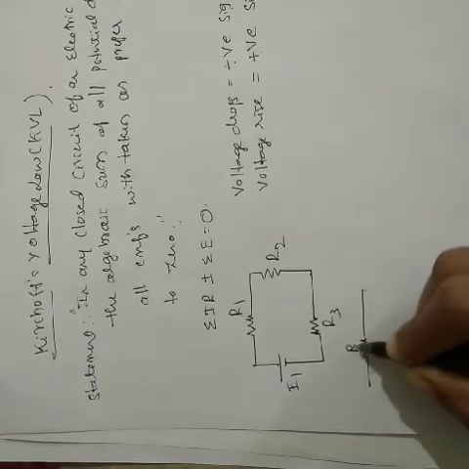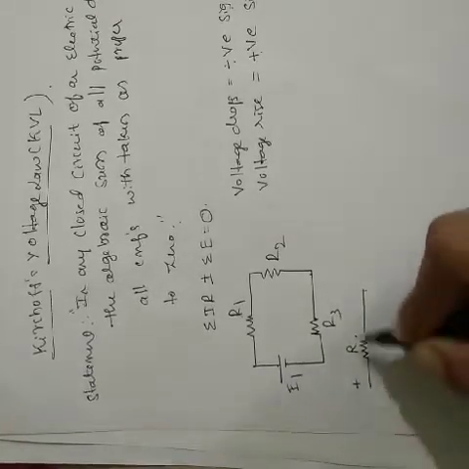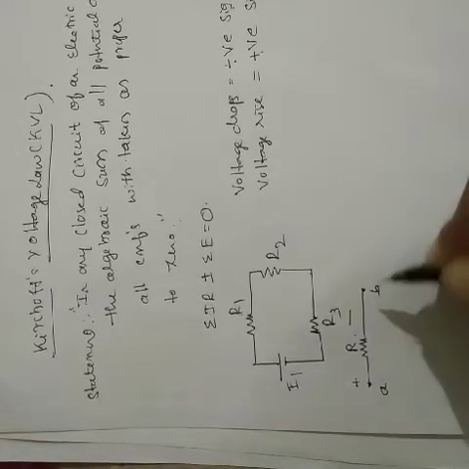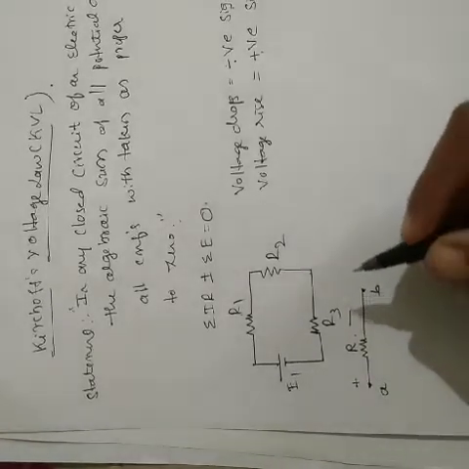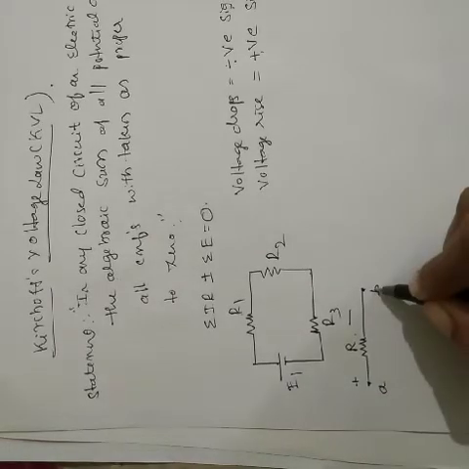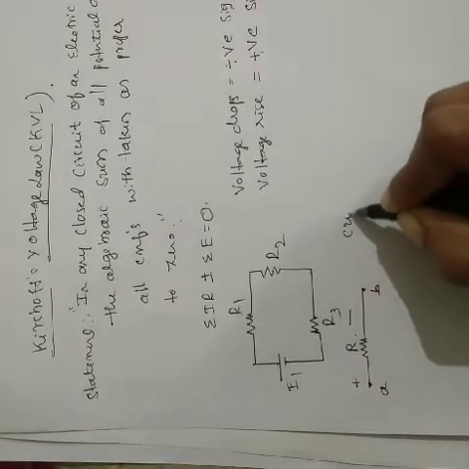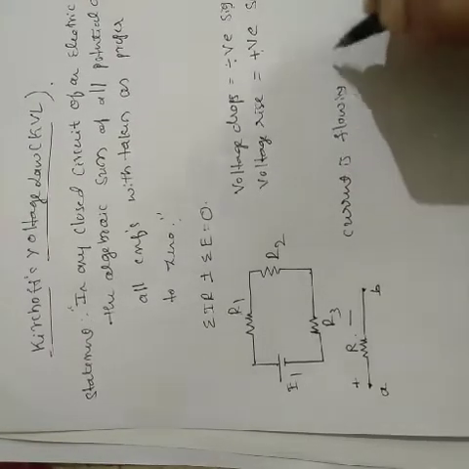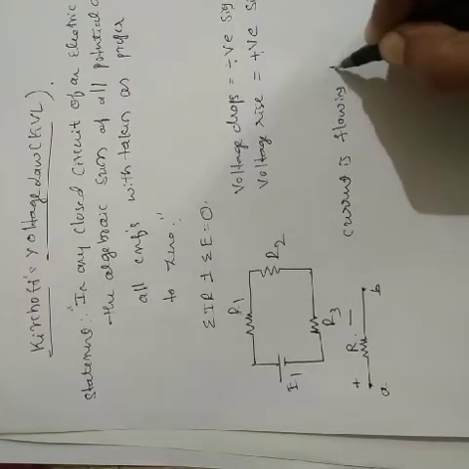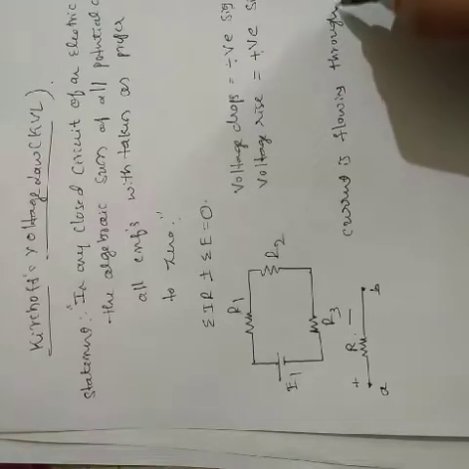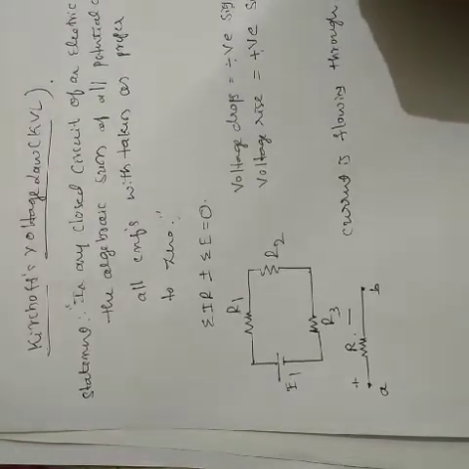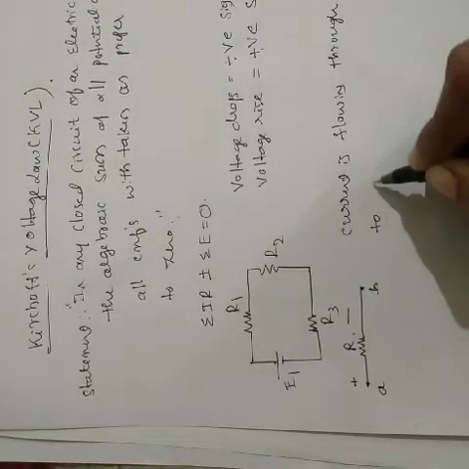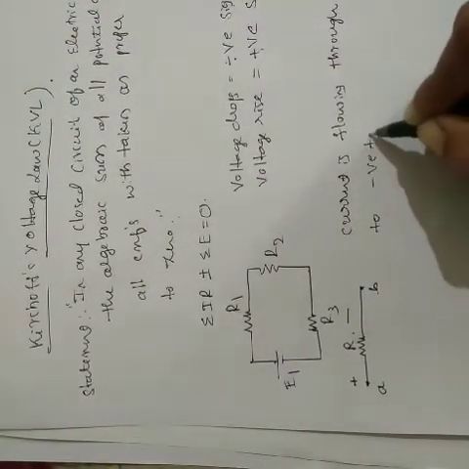If you consider a resistance having the polarities positive, negative, this is A, B. Consider the resistance connected in between A and B. Then current is flowing through the positive terminal to negative terminal.